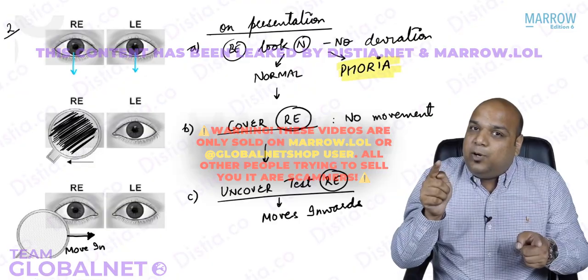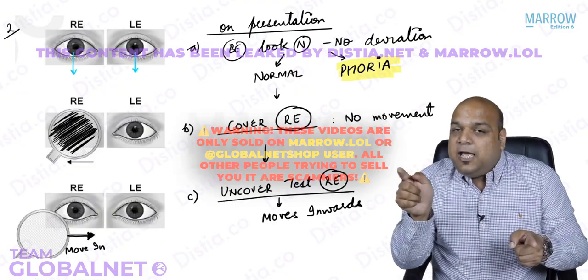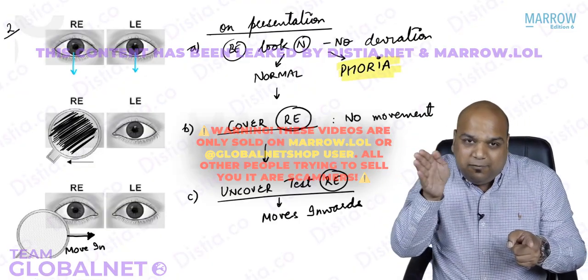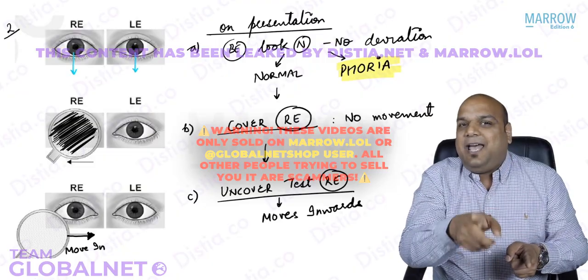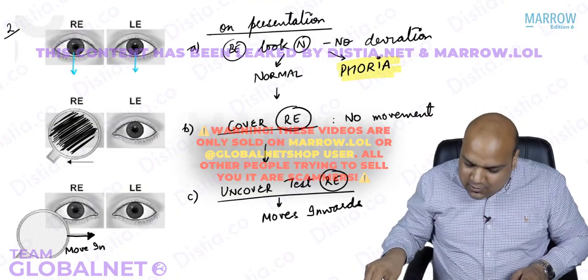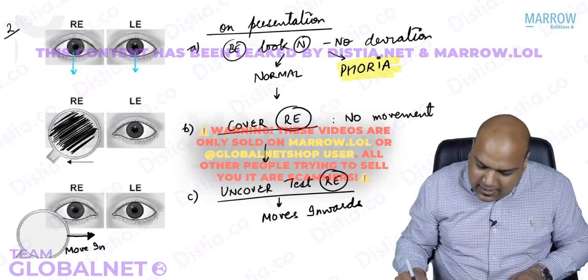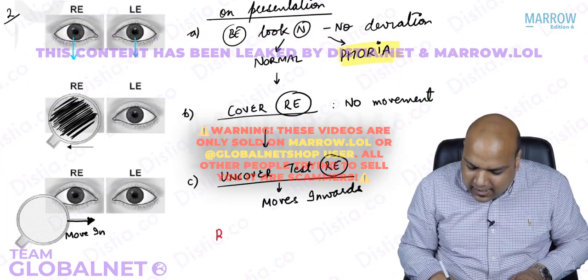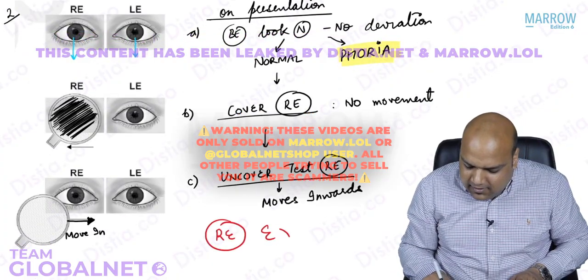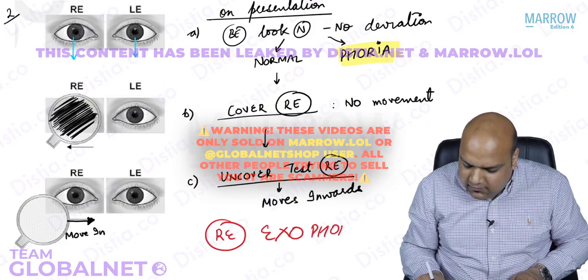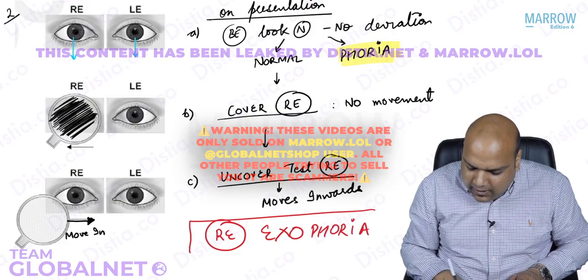Again, following our mnemonic, direction of deviation exo is opposite to the direction of movement, which is inwards. Am I making myself very clear? So that means in this case, what is my diagnosis? Right eye exophoria. I hope I am very clear.